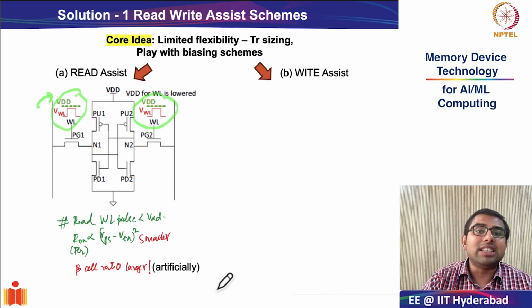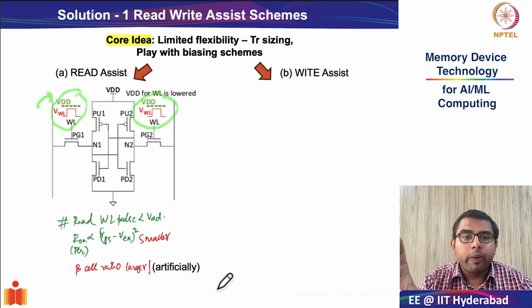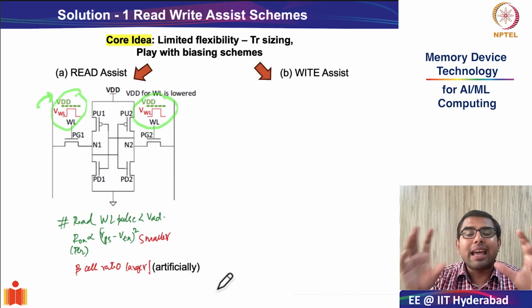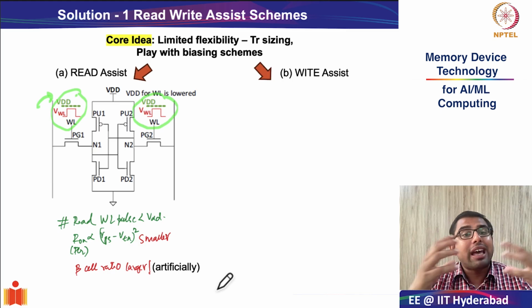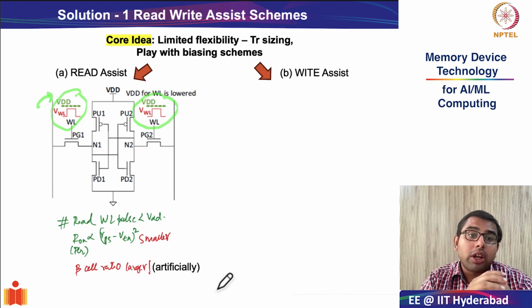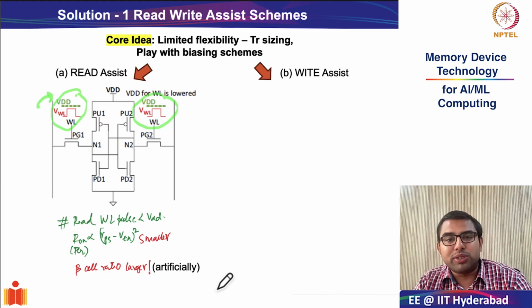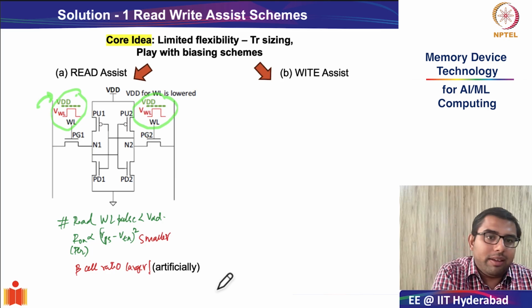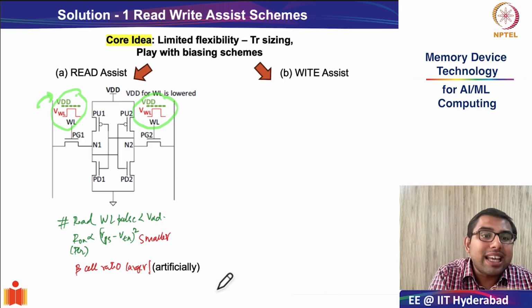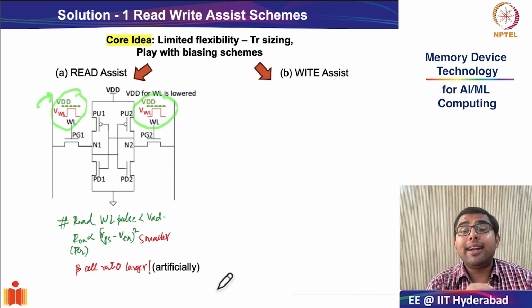So in the biasing schemes, the idea is you will have the same 6T SRAM cell that we have been studying till now, but during read and write schemes, you deviate slightly in the biasing methodology to ensure that during read cycle, read happens more easily, and during write cycle, write happens more easily.